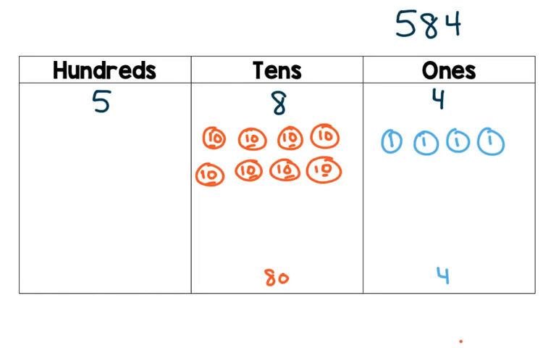Now I'm going to do my hundreds. It says that I have 5 hundreds in this number. So I'm going to draw 5 circles with the number 100 written inside.